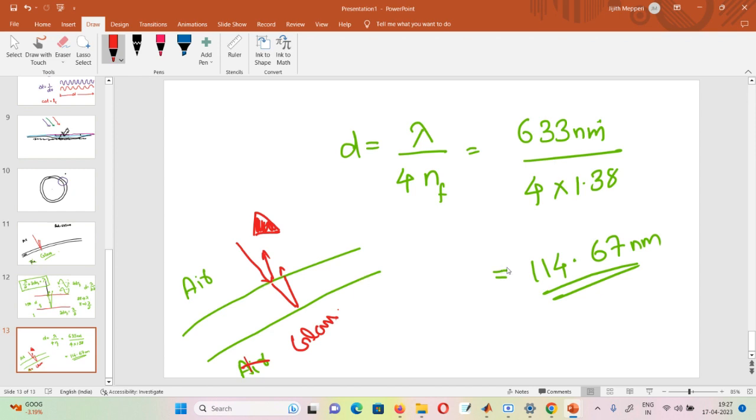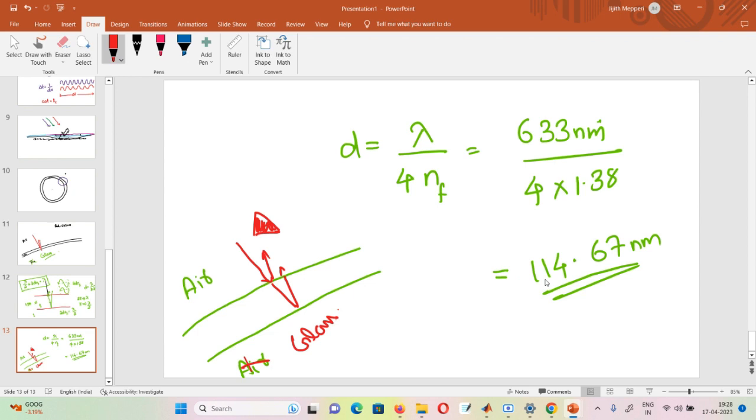Now think that this thickness of 114.67 is giving constructive interference when including that phase difference of lambda by 2, not for lambda. But if you put the same thickness on glass, what will happen?